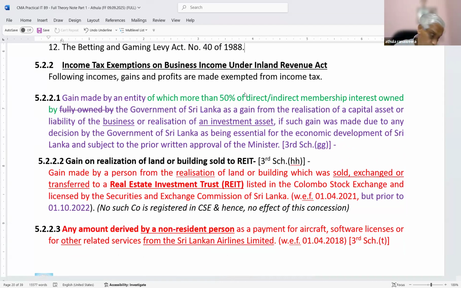Now, very recently, they have announced some changes to the Port City Act, and under that they have limited the 25 years tax holiday. As far as I know, except for 18 cabinet approvals, other new approvals won't get lengthy time period exemptions.